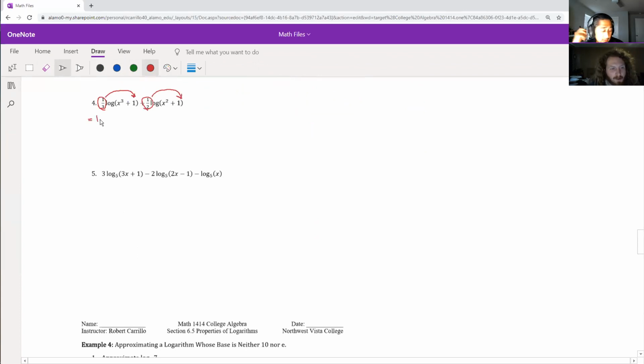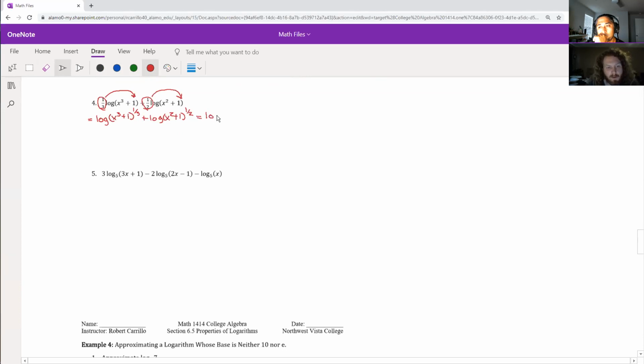So we'll get log of x cubed plus 1 to the 1/3 power plus log of x squared plus 1 to the 1/2 power. And then we'll use our addition rule.